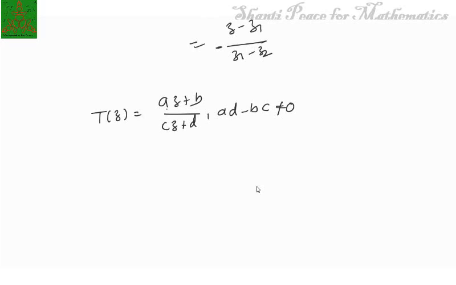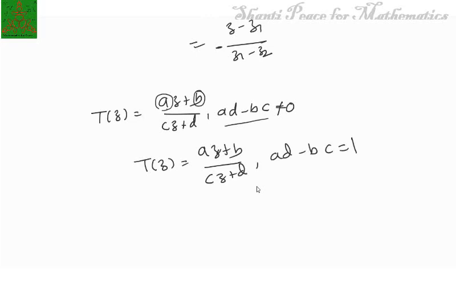Whatever the value of ad minus bc is, if I multiply that quantity in, the behavior of this bilinear transformation does not change. So for simplicity, we consider az plus b upon cz plus d with ad minus bc equal to 1. Whatever this quantity is, we divide and then multiply that constant into a, b, c, d, and the behavior of the bilinear transformation is not changed. So that's why we can do that.